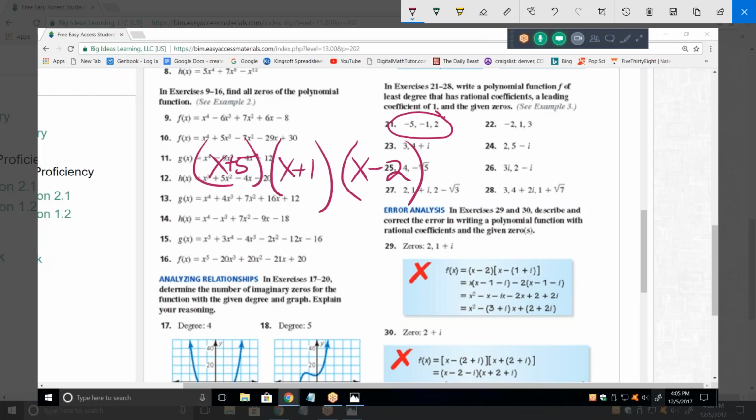Now, how do we come up with the polynomial? So it would be f of x. Well, this is f of x. That is our polynomial.